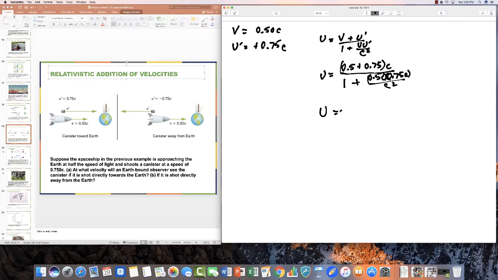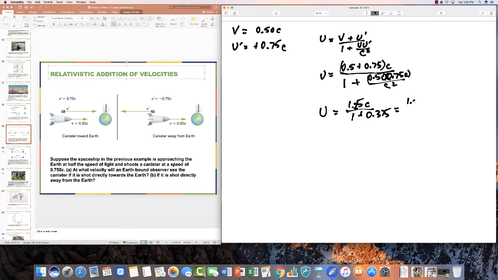Then u is going to equal 1.25 c over 1 plus, and if you do all this math in here, you end up with 0.375.